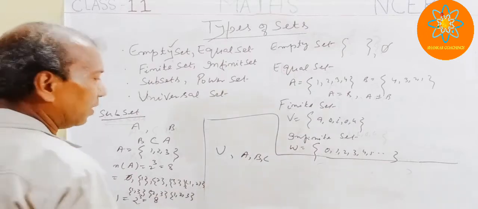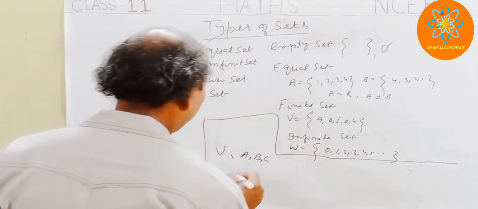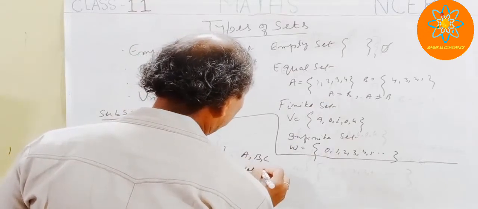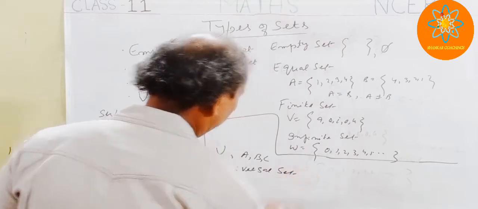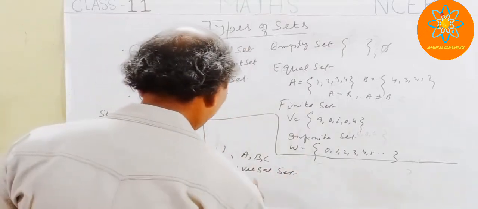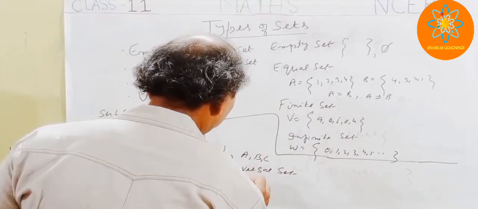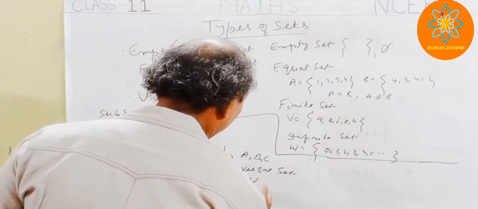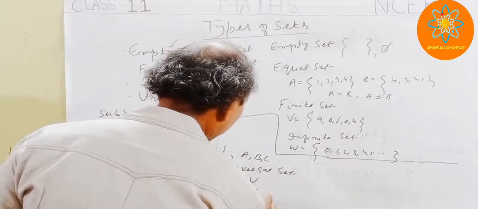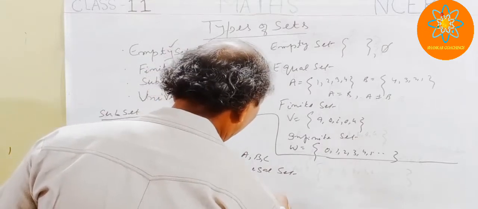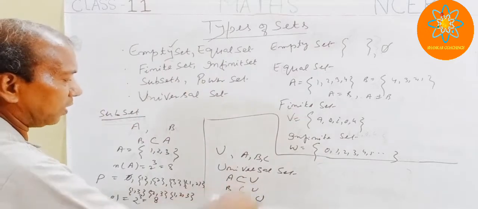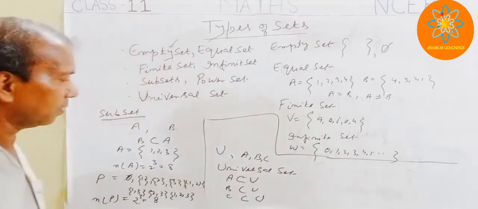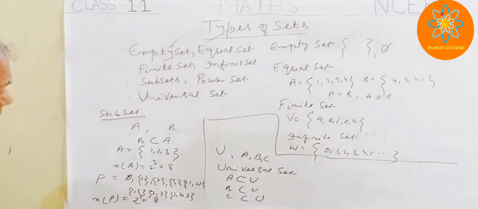Means for the universal set, what is the criterion? The criterion is that A is a subset of U, B is a subset of U, and C is also a subset of U. A, B, C must be subsets of U, then this U is called the universal set. I am giving a very simple example.